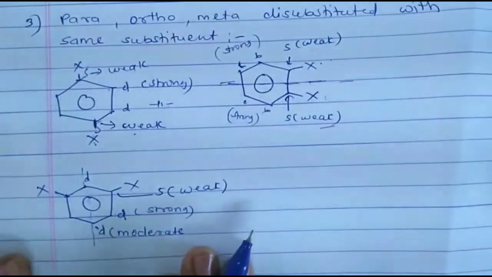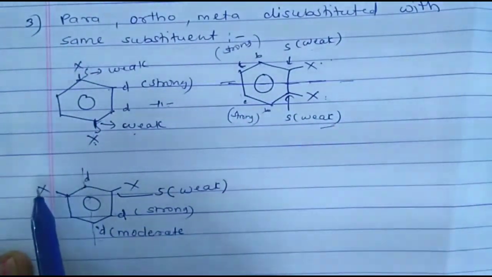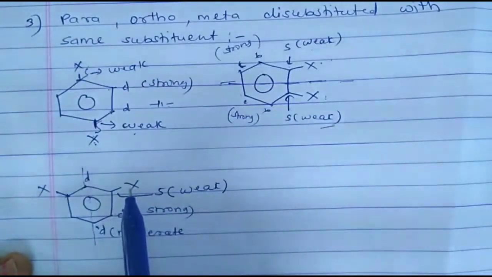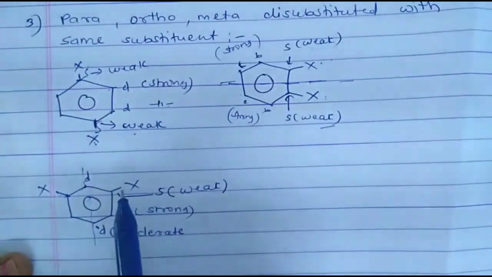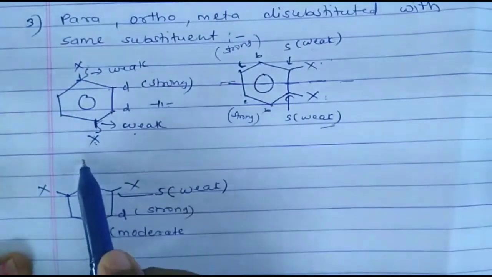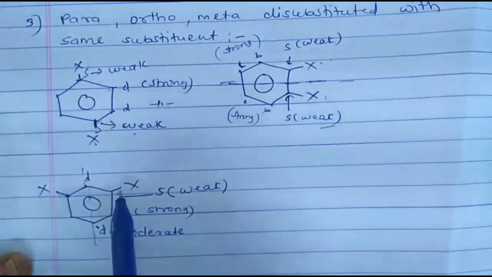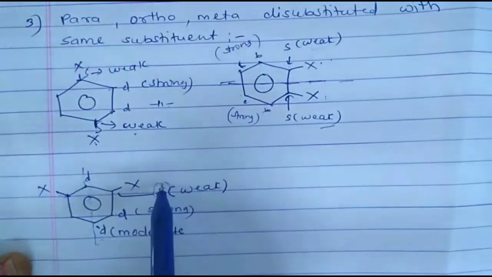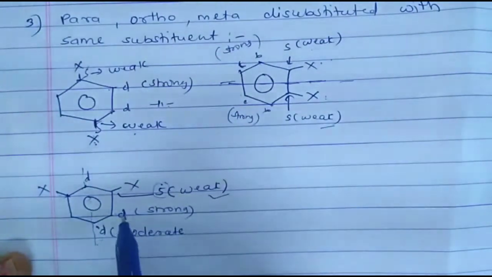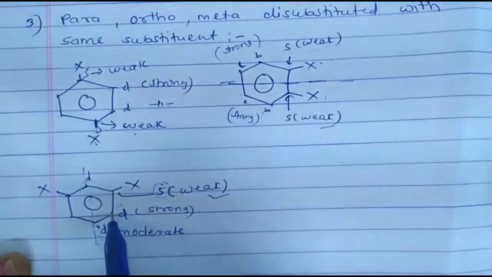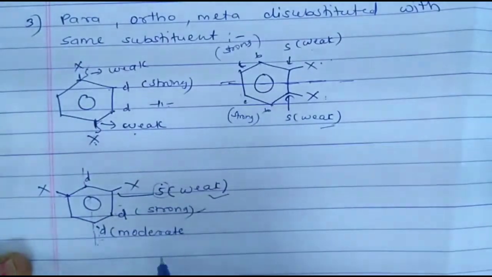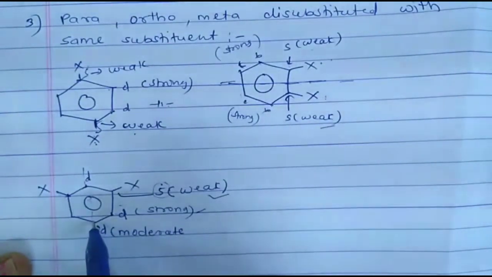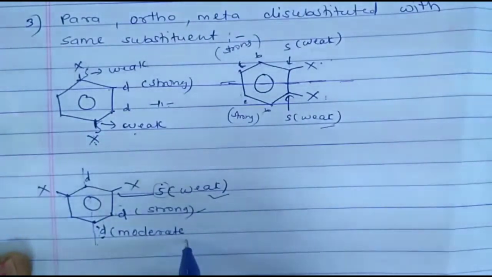Okay, and the third possibility is that this is disubstituted with the same substituent attached like this. If we take a plane like this, these two substituted carbons are singlet carbons and these are weak, and instead of that one carbon is a doublet with a strong value, and this another carbon shows a doublet which is moderate.